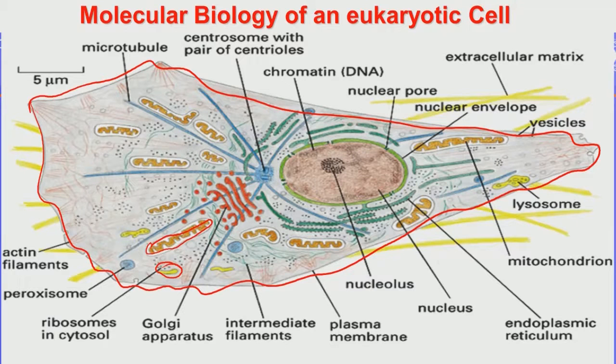Also individual organelles, as I am marking here, like a mitochondria, then you have this Golgi body as well as other organelles, they also have a very well defined double layered structure. So, this double layer membrane structure is very characteristic of different cellular organelles.